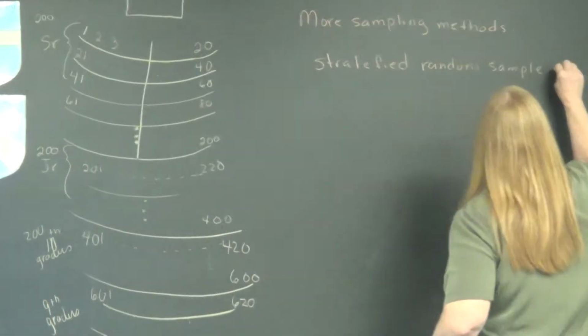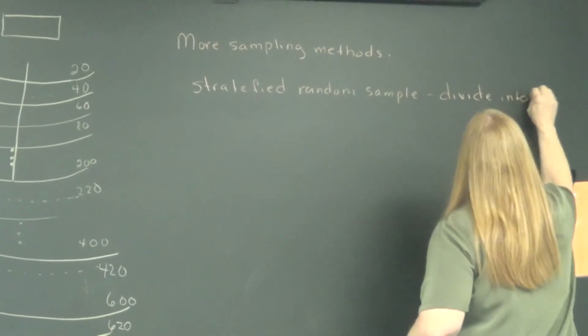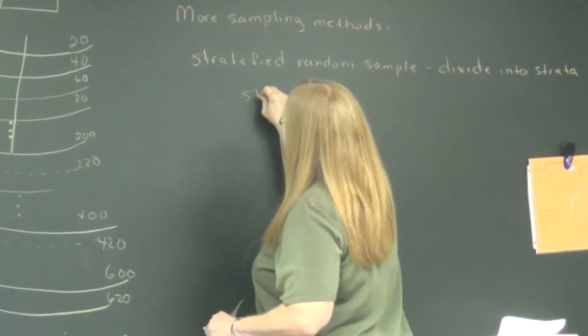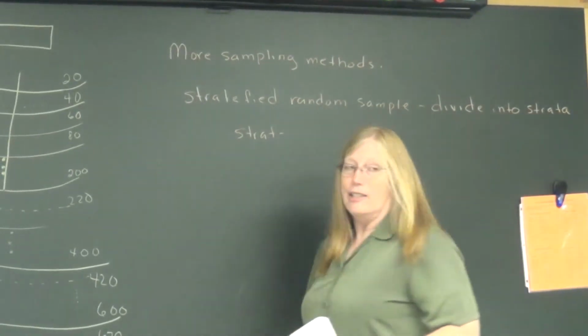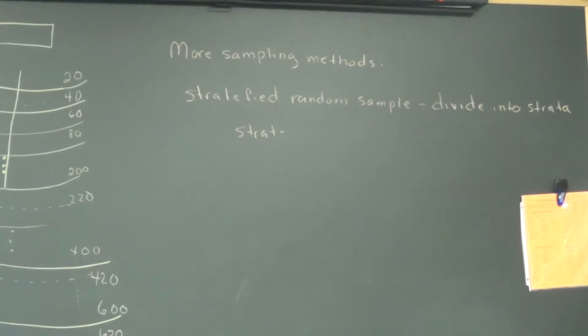So first I'll say divide into strata. And a strata, what's that? A strata is a division where the group that I've divided the larger group into has similar individuals.